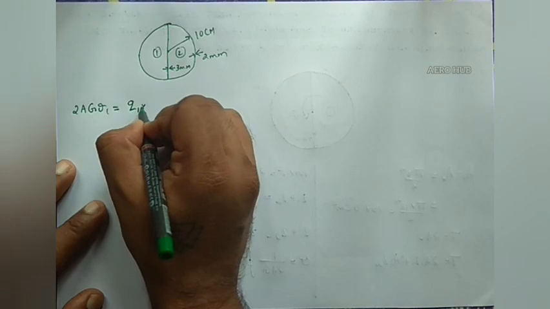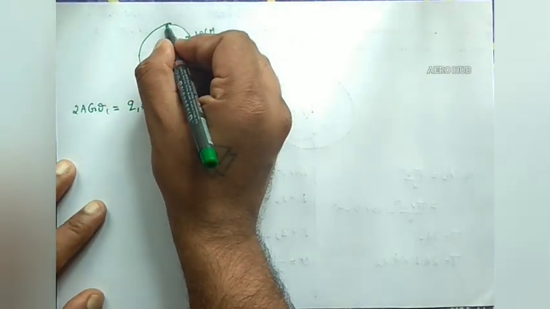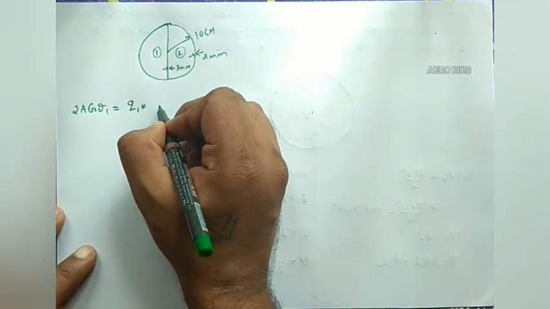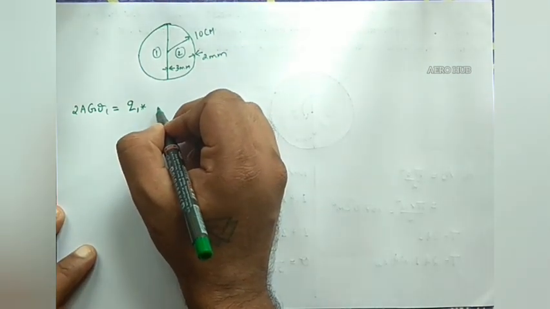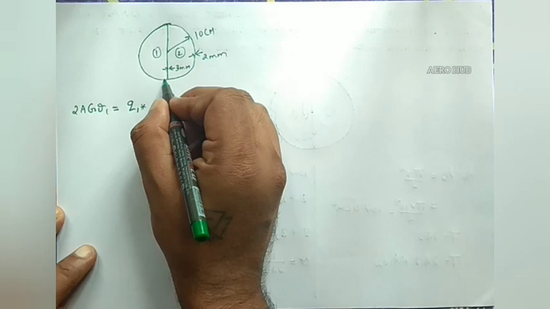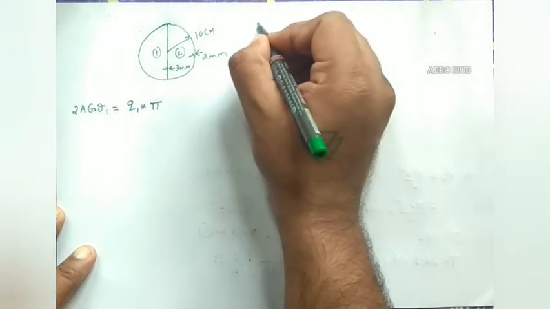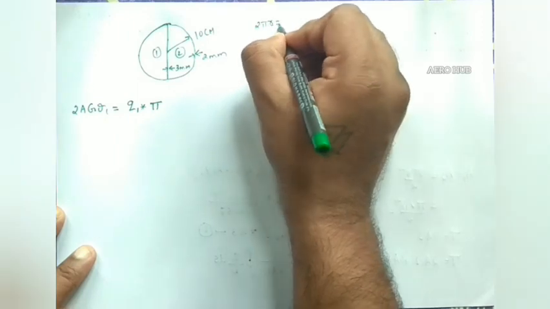Q1 into the length of this loop, that is nothing but the circumference of the circle divided by 2. 2 pi r is the perimeter of the circle.